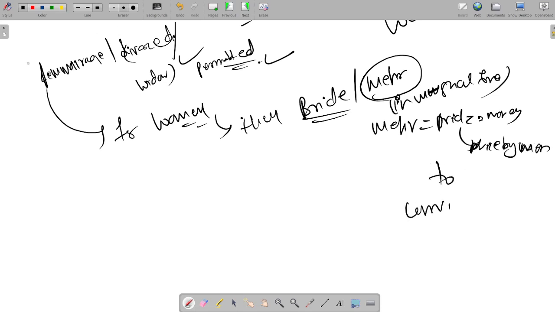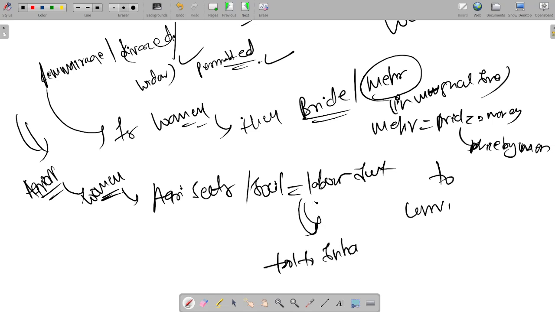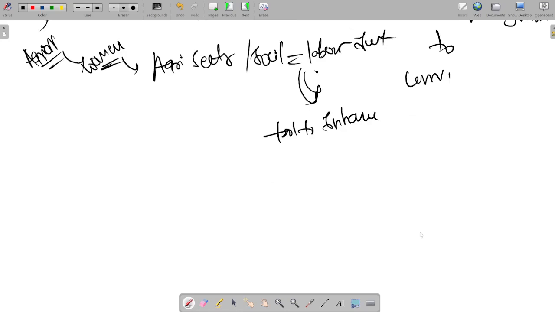Guys, see that this whole debate is on agrarian society, and the women here are very much considered important because the agrarian sector or agrarian society is labor intensive, and women were seen as a tool to enhance labor productivity, because we are talking during 17th to 18th century CE.